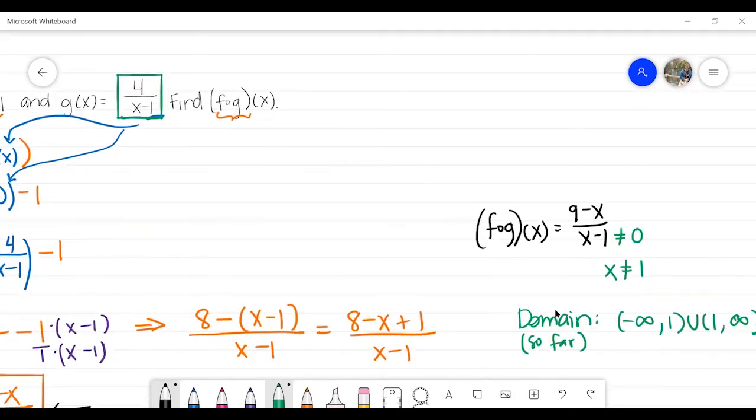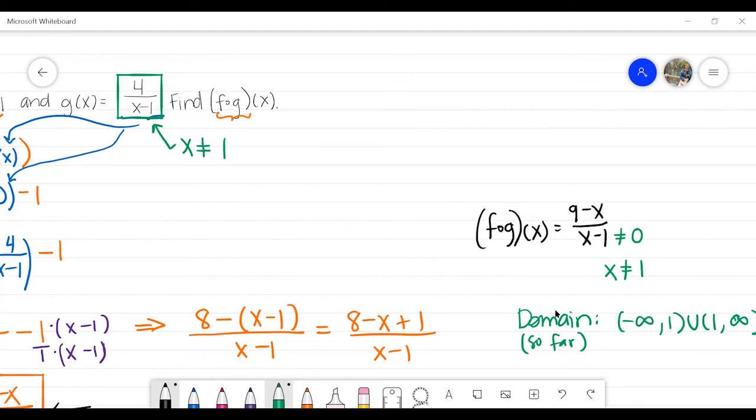The reason is because we're plugging one function into another, right? I have to make sure whatever went into that first function, so technically things get plugged into g first and then f second, whatever gets plugged into g, we have to be allowed to plug into g. So for example, do we see here that x cannot be equal to 1 as well?